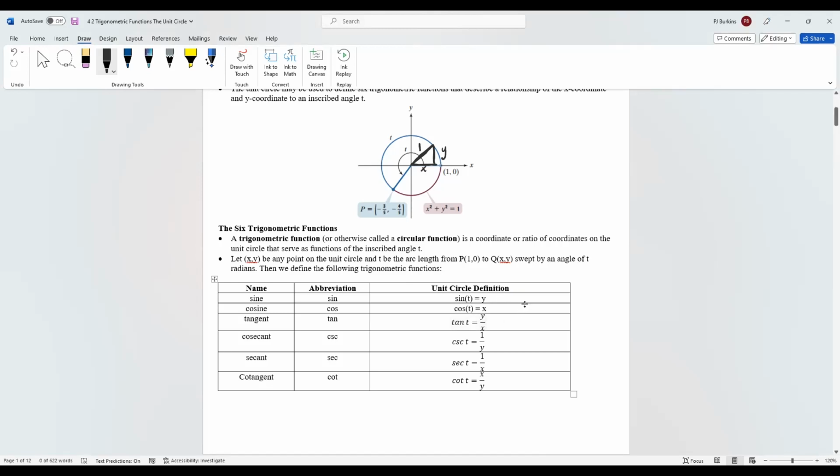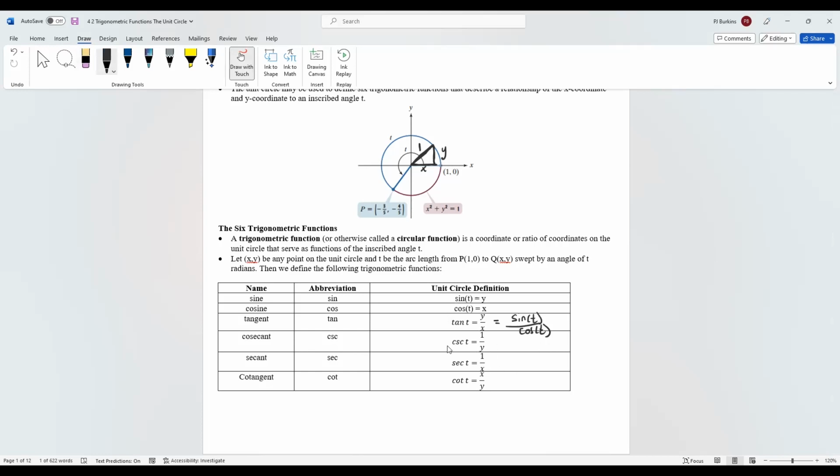The tangent is also the ratio of sine to cosine. And because of that, it is just y divided by x. Then we have the cosecant, which is related directly to sine.